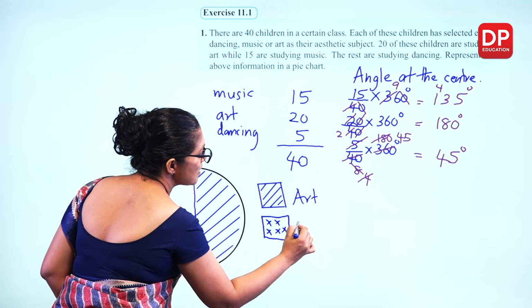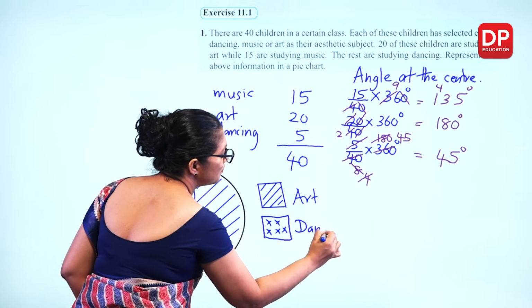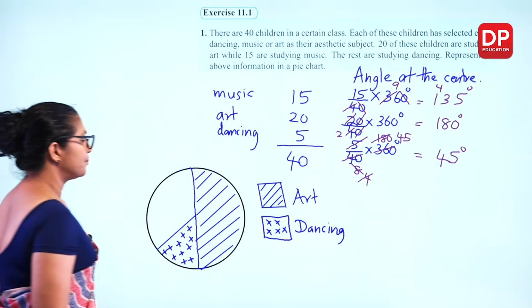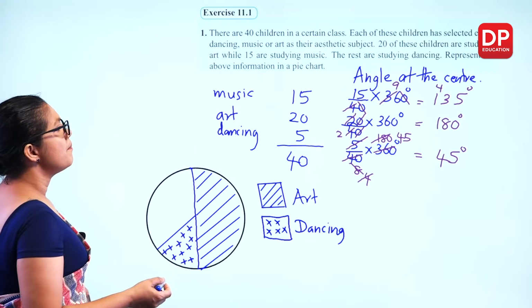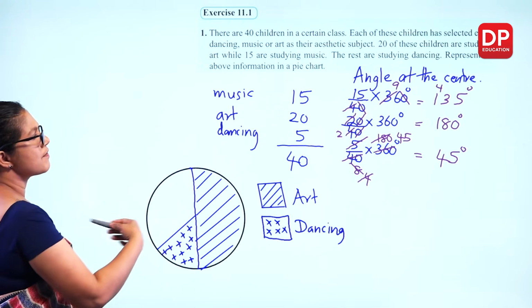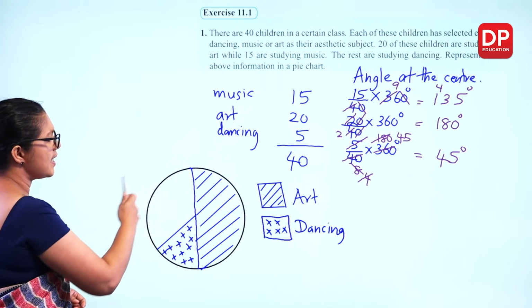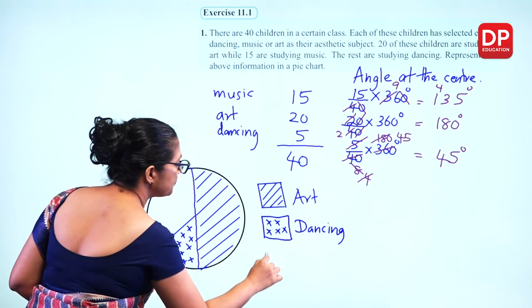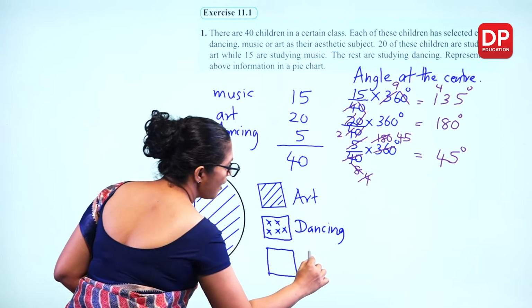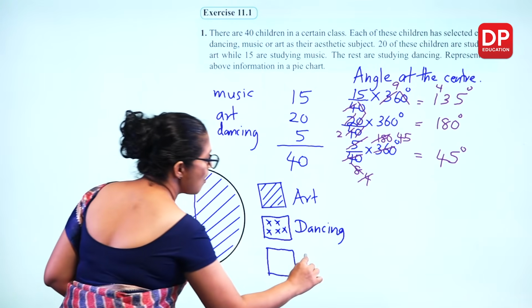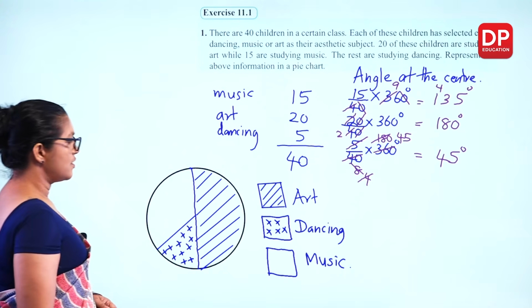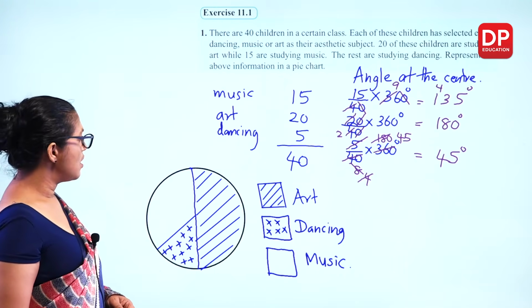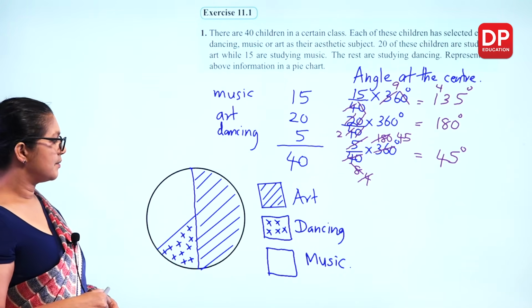This represents dancing. What about the next one? The next one is music. So 135 is music. You can keep this blank. This blank one is representing music. So this is how we draw a pie chart.